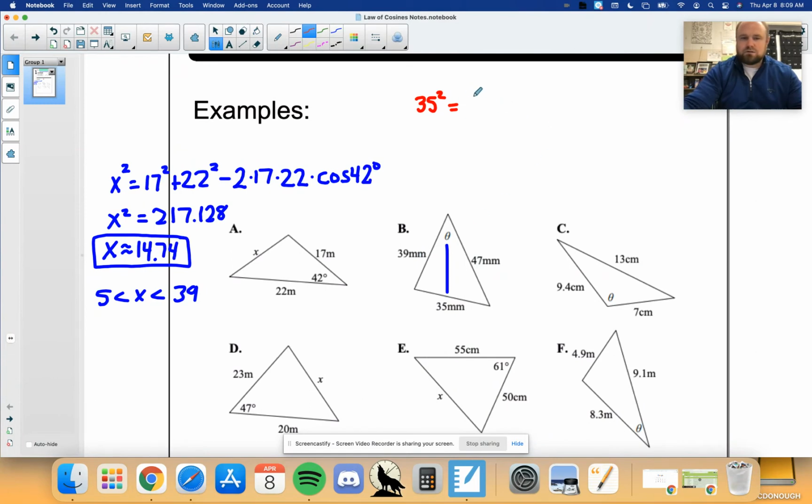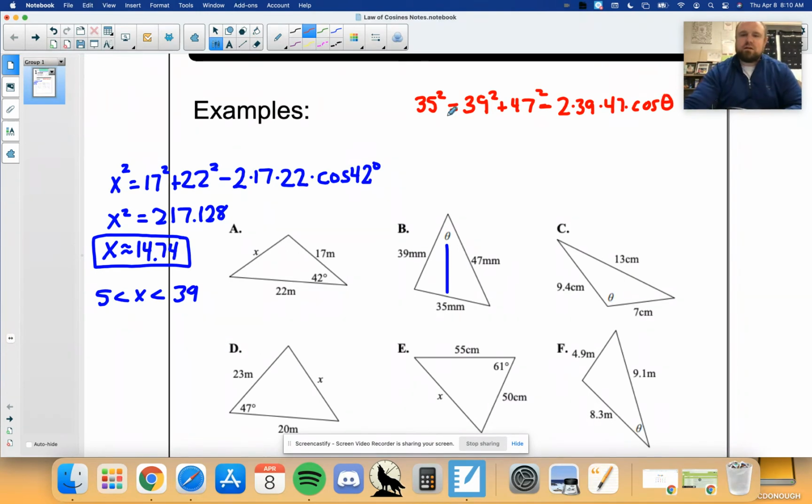So equals 39 squared plus 47 squared minus 2 times 39 times 47 times the cosine of theta, which is what we're looking for.